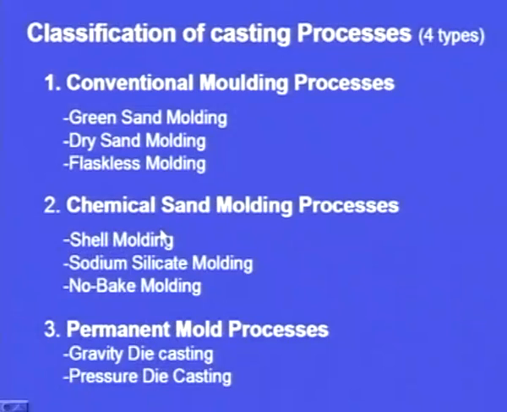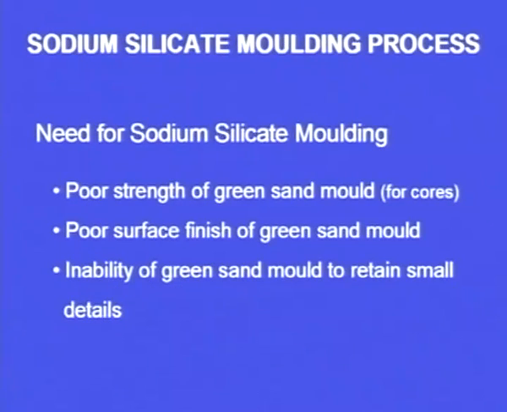Another process among the chemical sand moulding processes is sodium silicate moulding. What is this sodium silicate moulding process? Let us learn in detail about this. And what is the need for sodium silicate moulding? In the conventional sand moulding process, we face a problem, especially when we make the core.